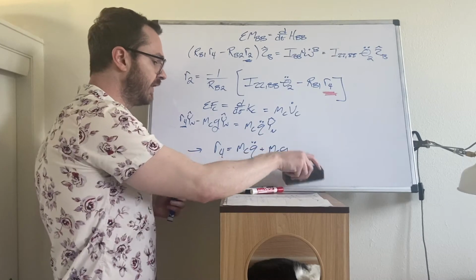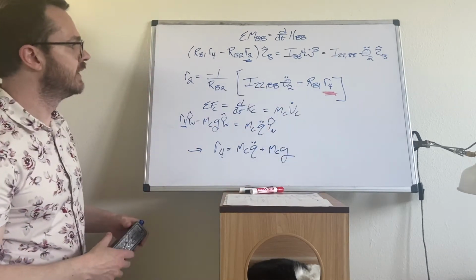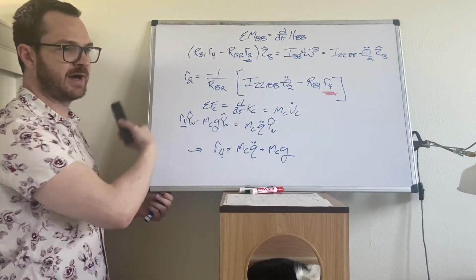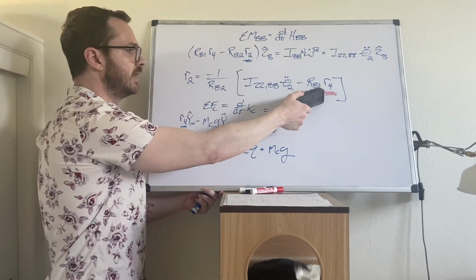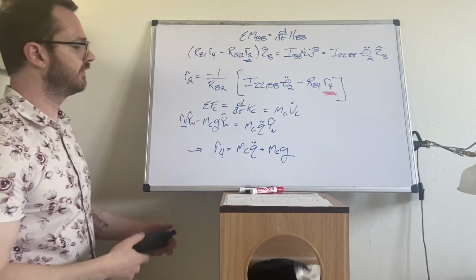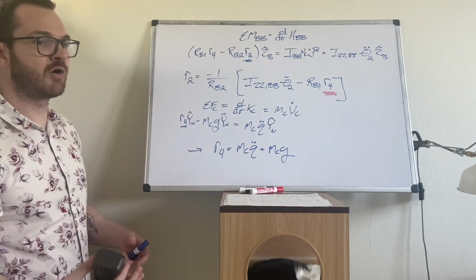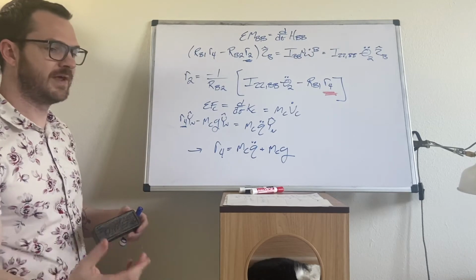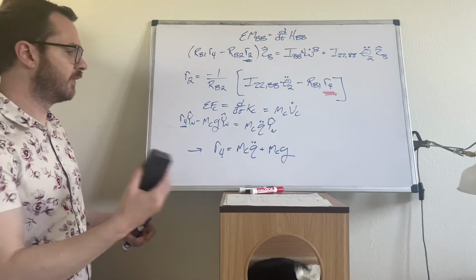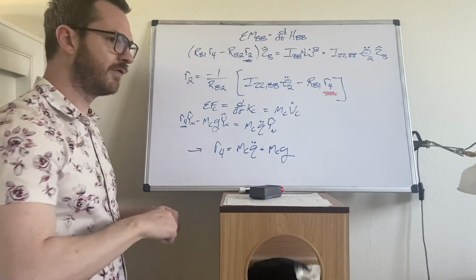We can do that. Where do we need to go next? Well, we've taken care of the left side of the mechanism, right? We took care of R2 and we took care of R4. That takes care of the whole left side. We still have to find R5. That was the reaction force that was in that friction term. So where should we go for R5?